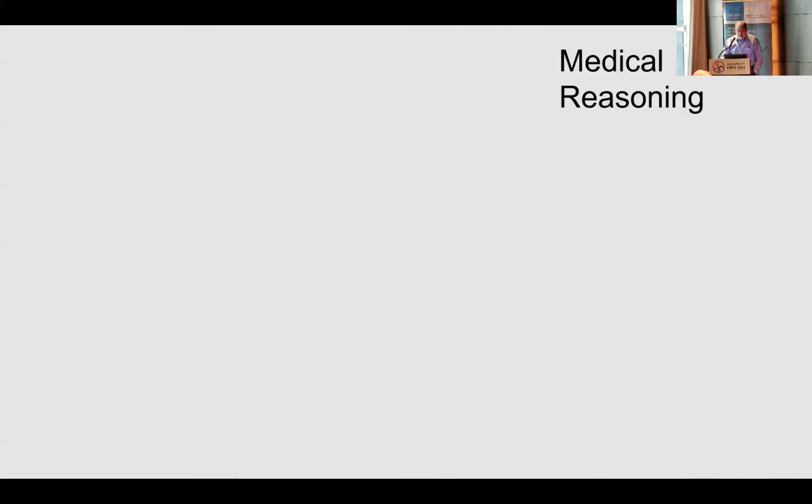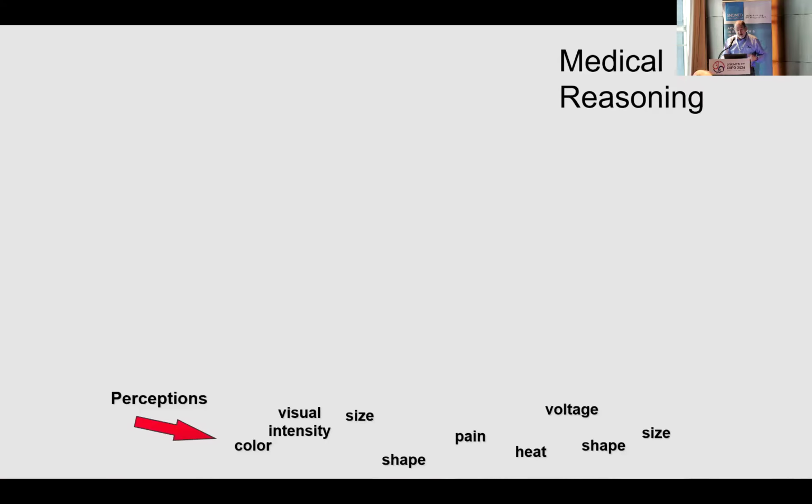So how does terminology fit into this? You think about the paradigm of reasoning and how the world works around this kind of thing. It all starts with things that somehow we observe or understand. We see colors, and we have visual intensity, and we have size and shape and perceptions of pain and heat and voltages that come off.